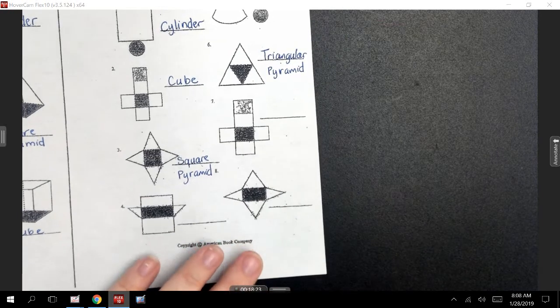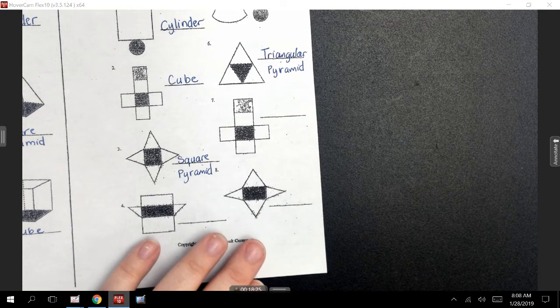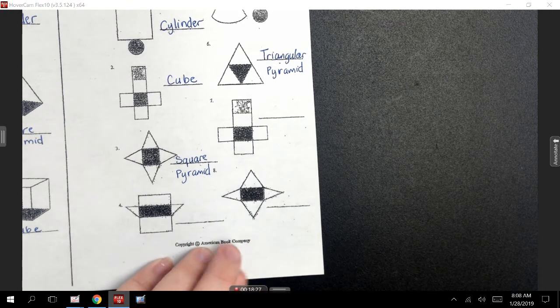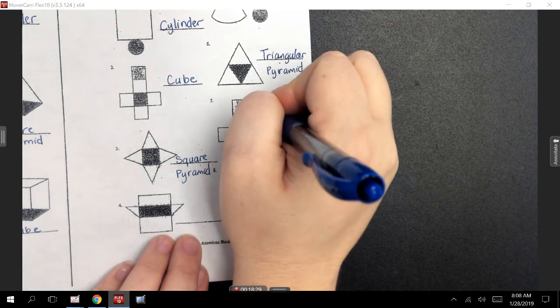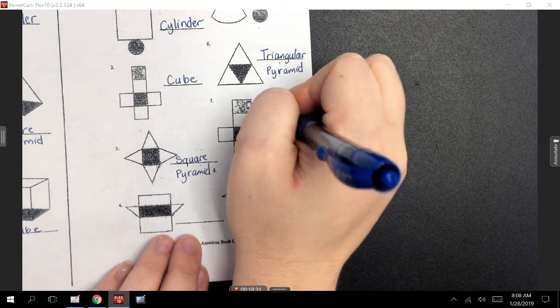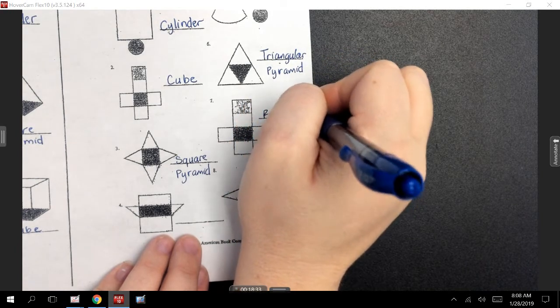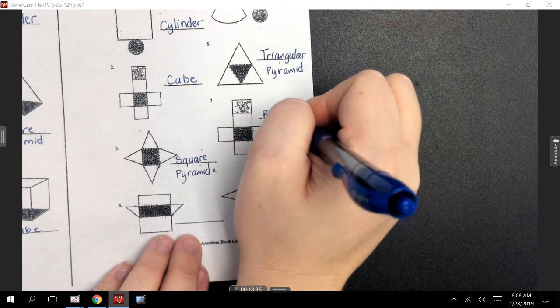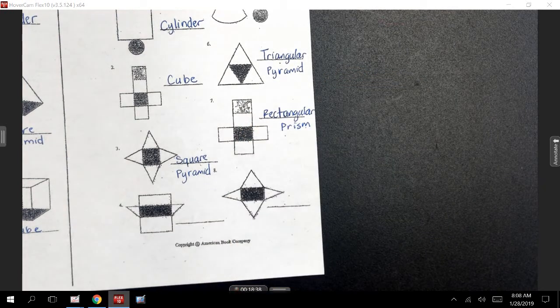All right, number 7. What's number 7 going to be? Someone new. I get a lot of the same hands. Seth? Rectangular prism. Because it has a lot of rectangles, it's obviously rectangular, and the rectangles make the prism shape. All right, number 4.